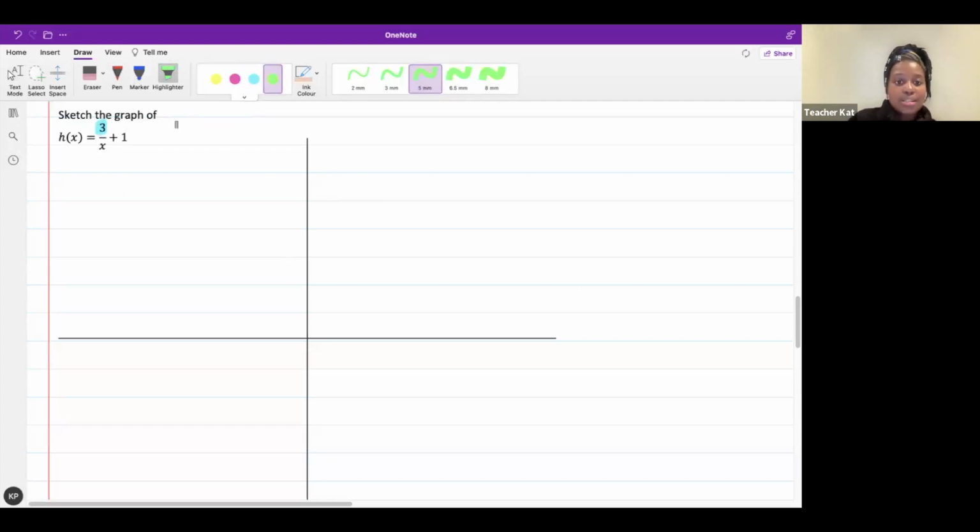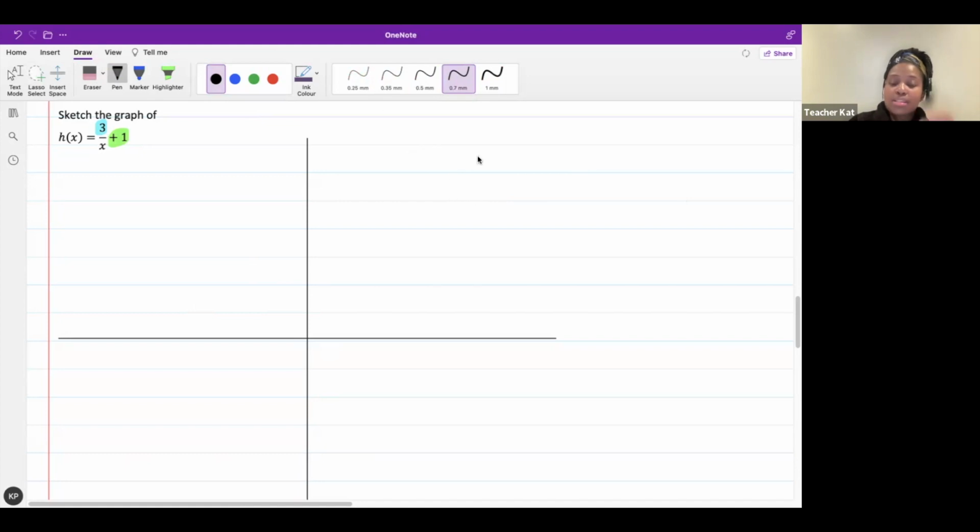There's a reason I'm highlighting the 3 and the 1. And why is that, guys? Why am I highlighting the 3 and the 1? Because those are going to tell us important information about our graph.